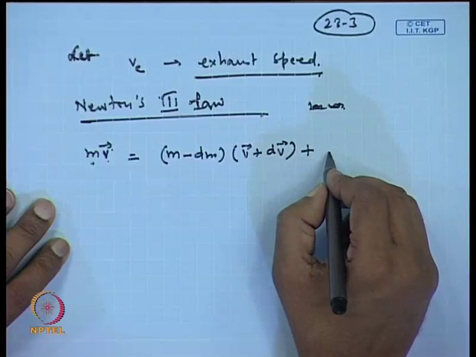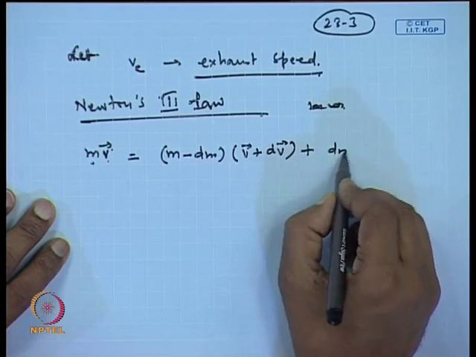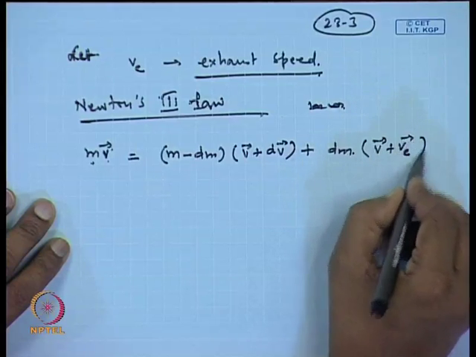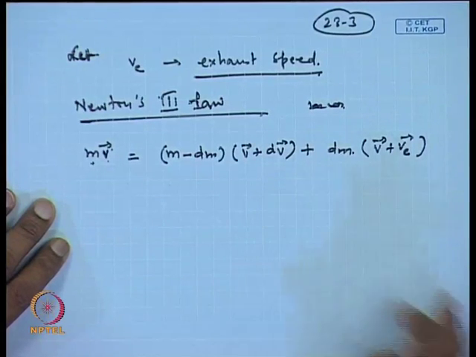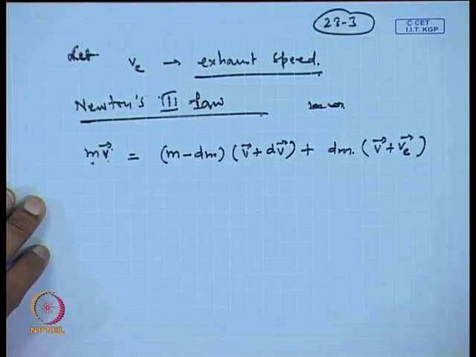So, the ejected mass is dm and its speed is given by v plus V, where V is the exhaust speed, and it is always taken with respect to the rocket.